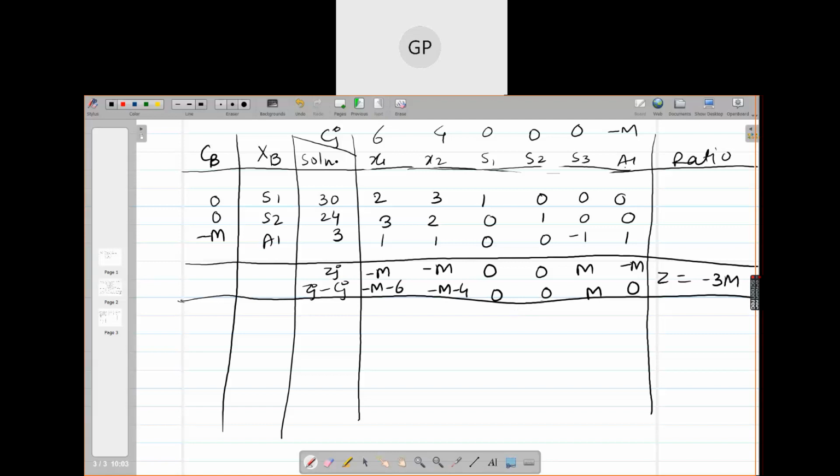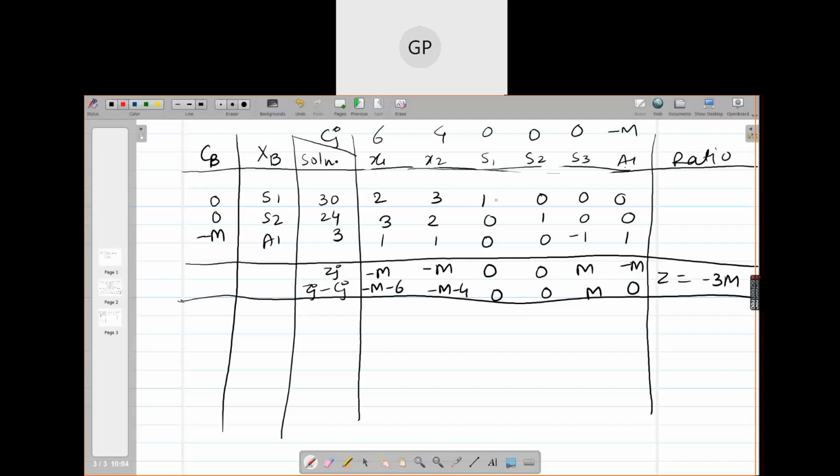Now which column will be your pivot column? Your objective function is to be maximized. So you should consider most positive or most negative value. Somebody else can answer. I teach all the students, right? I don't teach only Harshada.